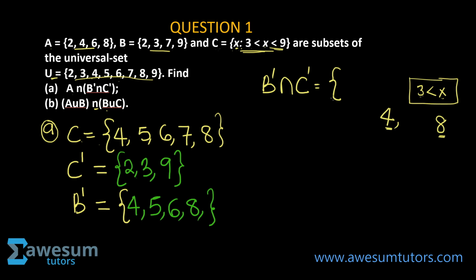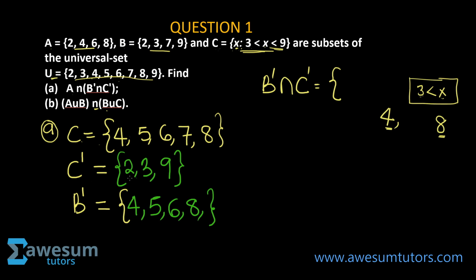Intersection basically is a set that contains all elements common to both sets you are considering. So what this means is that B complement intersection C complement means what are the things that B complement and C complement have in common. What does B complement and C complement have in common?